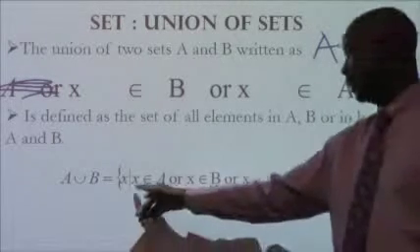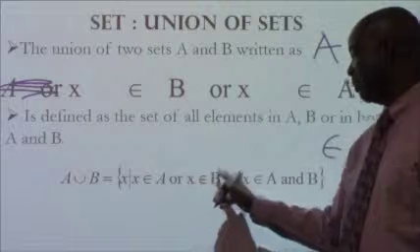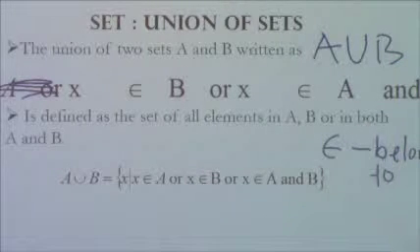So when we say X belongs to A, or X belongs to B, or X belongs to both A and B, that's what we call the union of sets.